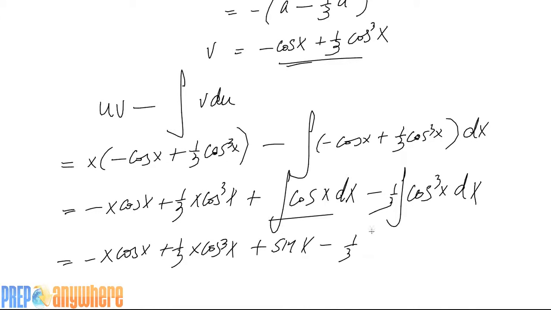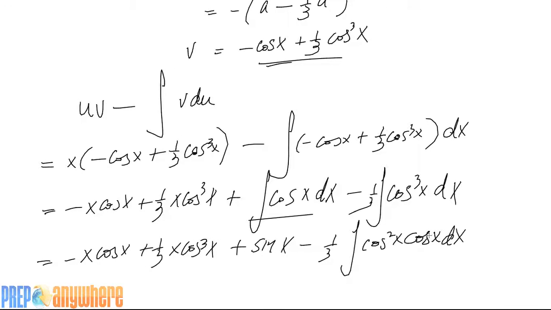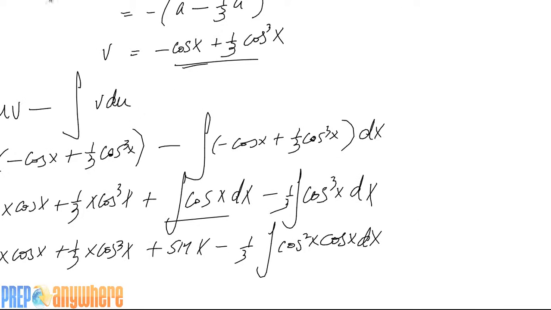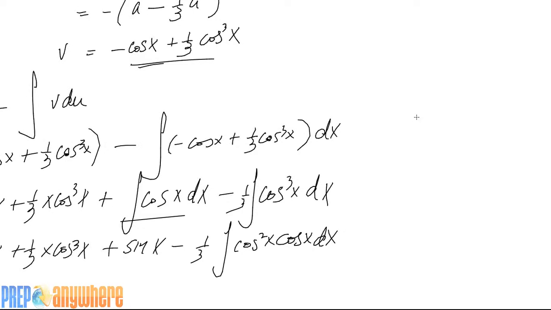You have to separate that, treat that as cosine squared x times cosine of x. Actually, let me do that on the side here. Let me use a different color, blue. So that will be 1 minus sine squared x times cosine of x dx. You let sine of x equal to, let's say, b, then you get cosine of x dx is equal to db.